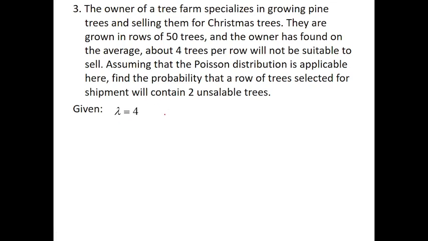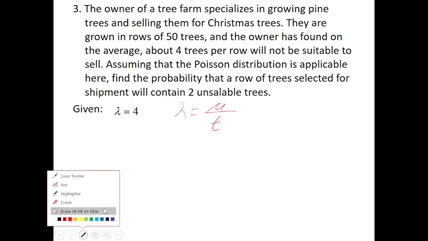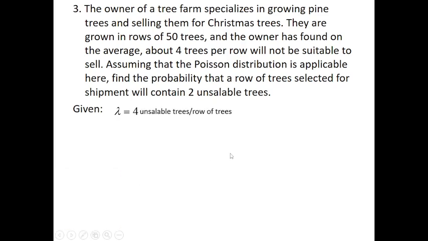So lambda is simply mu over T. Okay? Simply mu over T. That's why this is 4 trees per row. 4 is 4 trees per row. Okay? 4 unsaleable trees per row of trees. To be specific, unsaleable trees.